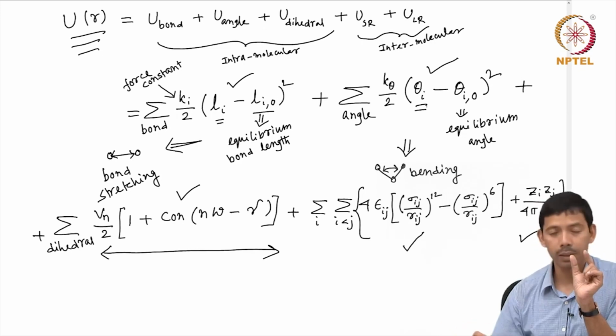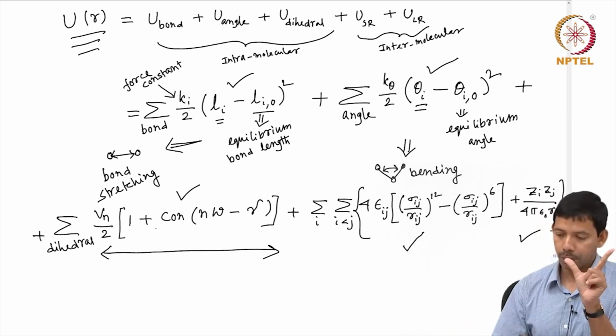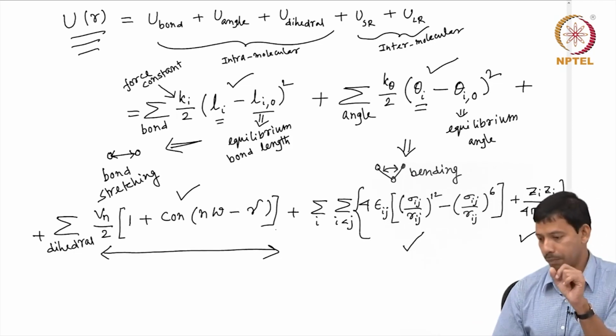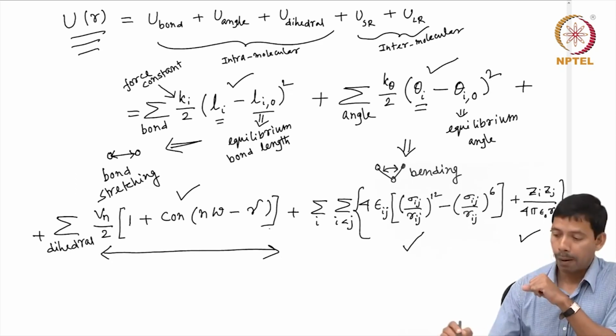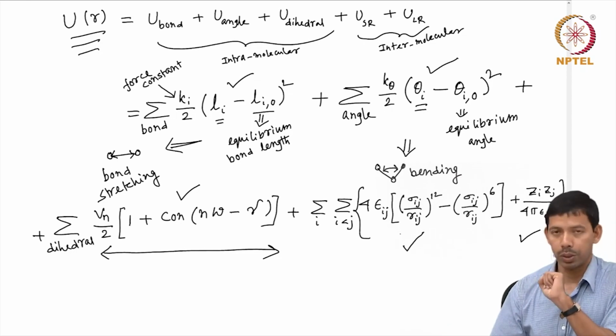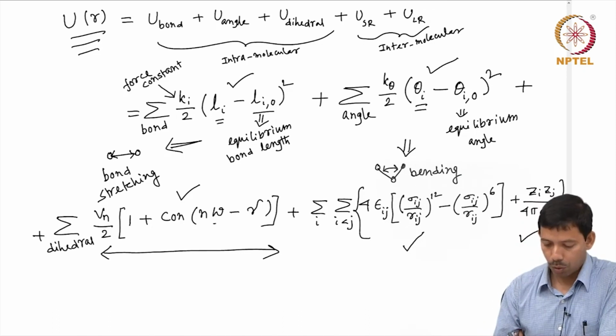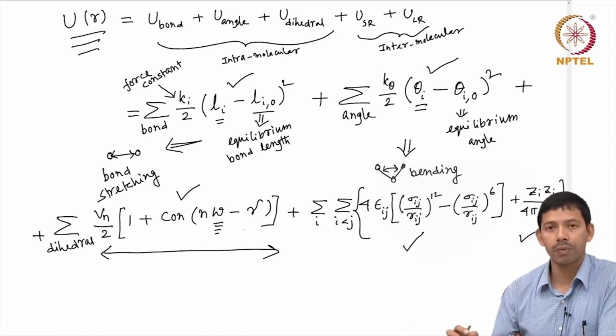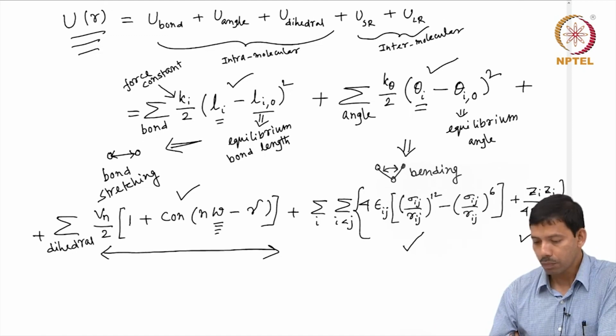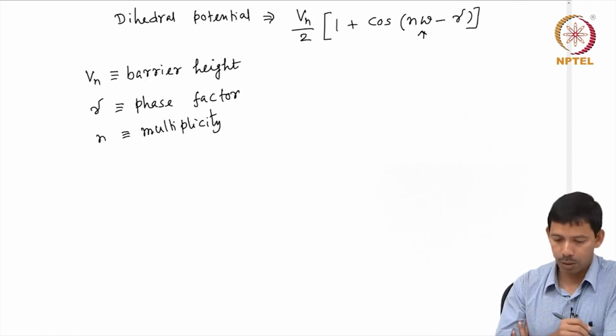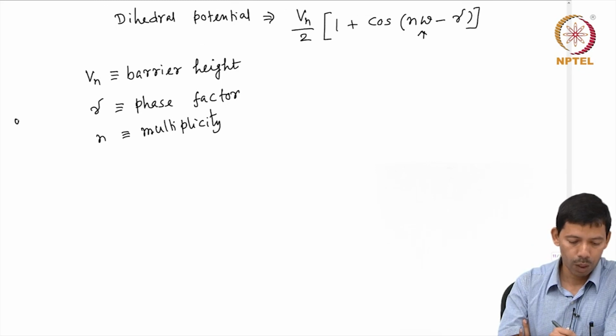Likewise here, theta i is basically the instantaneous angle between atoms i, j and k, and theta i0 is the equilibrium angle between those three atoms. Here also omega is basically the instantaneous value of the dihedral. So what is a dihedral? You have particles 1, 2, 3 and 4.